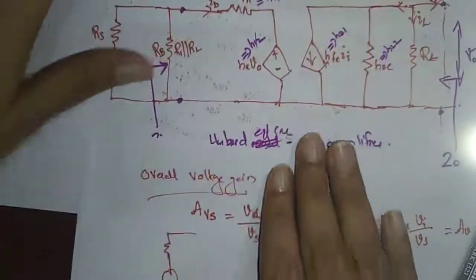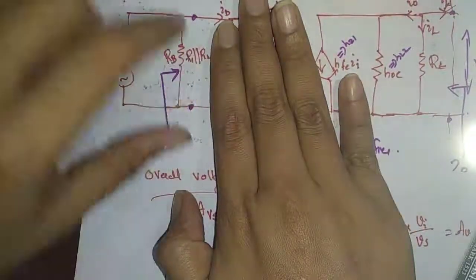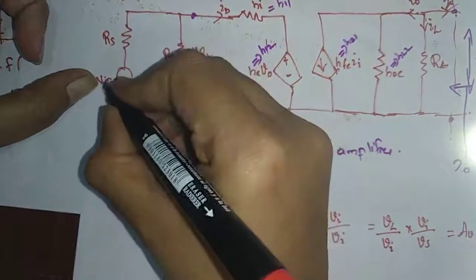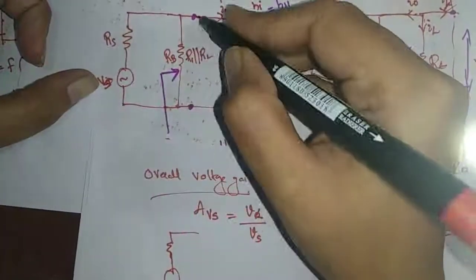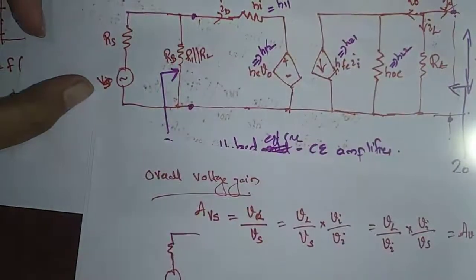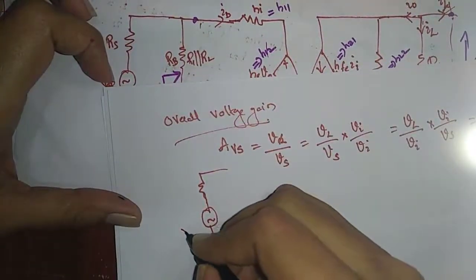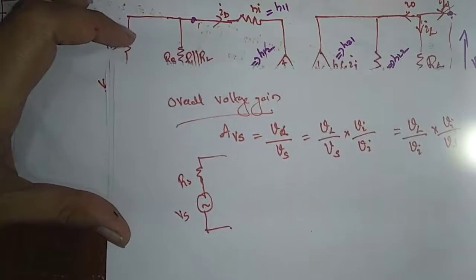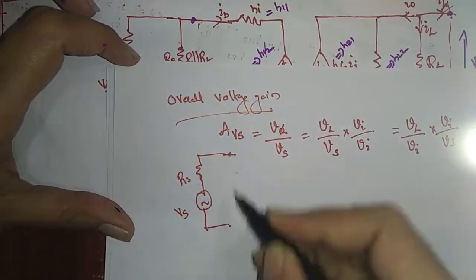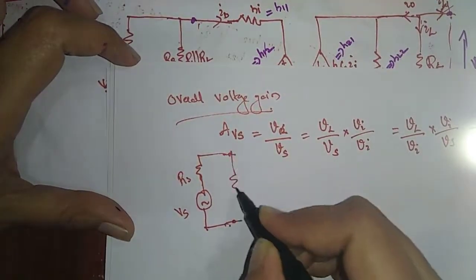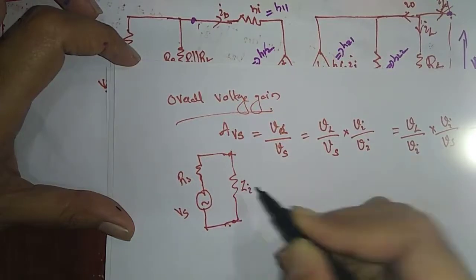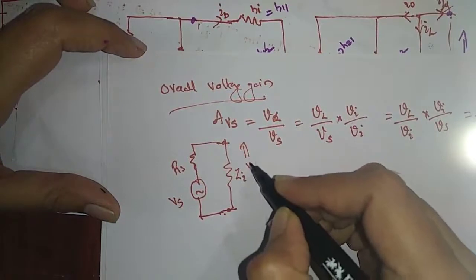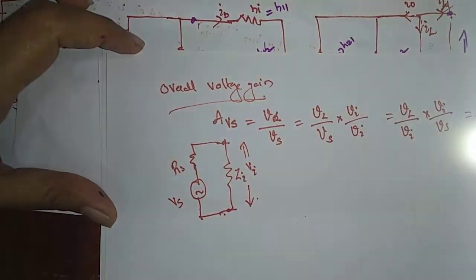This is the input voltage Vi and this is the source voltage Vs. So source voltage Vs, Rs, and this is the input impedance. I am writing this input impedance as Zi and the voltage across this Zi is Vi.